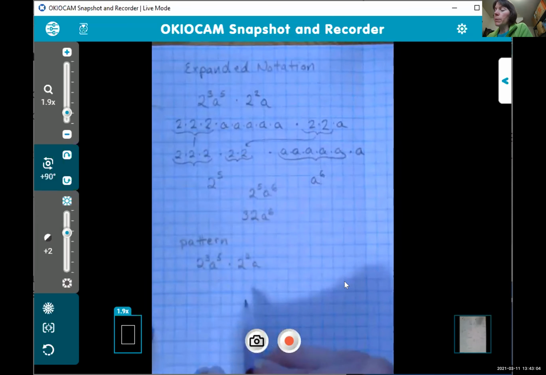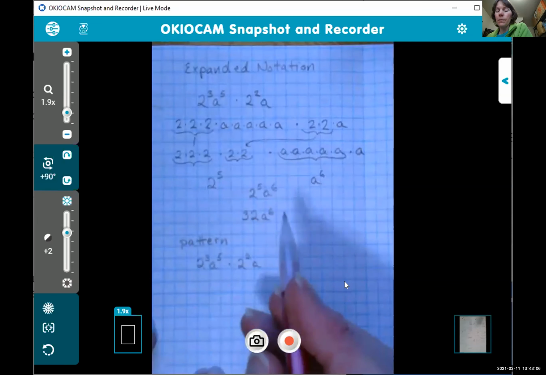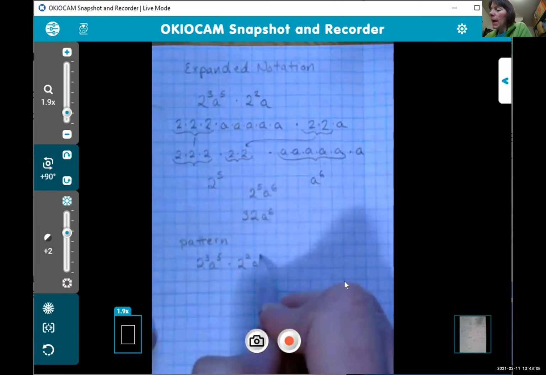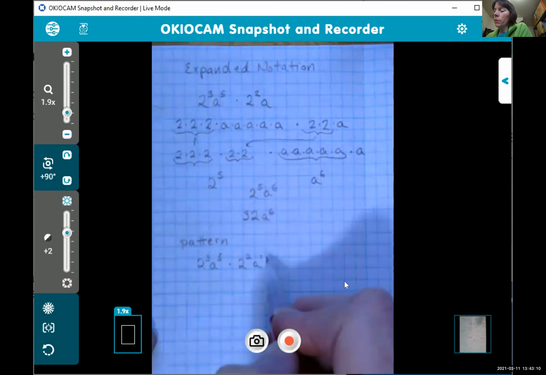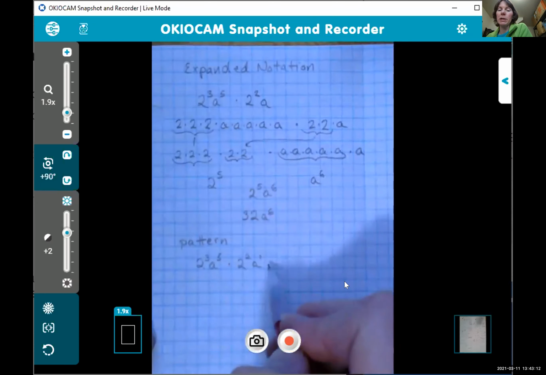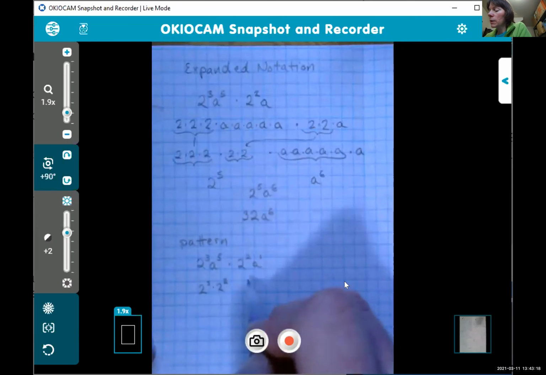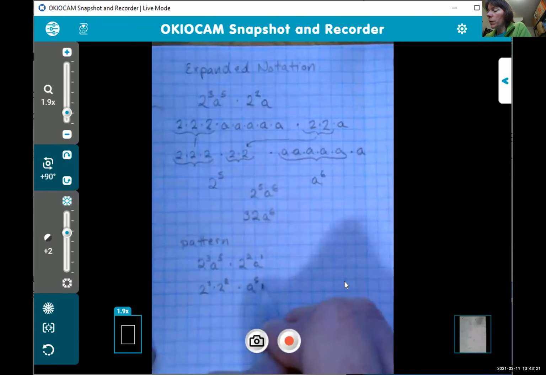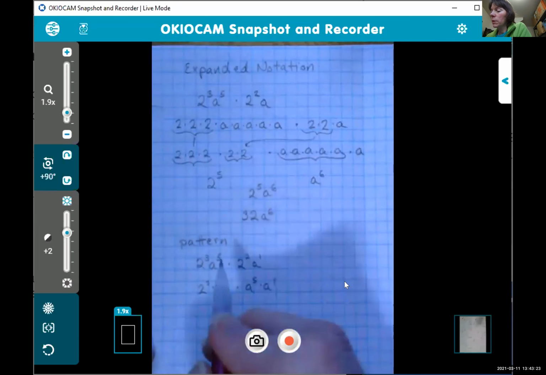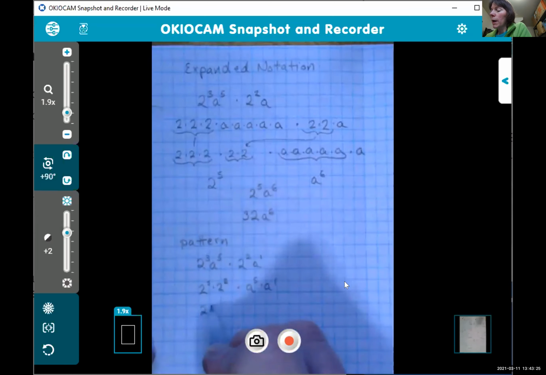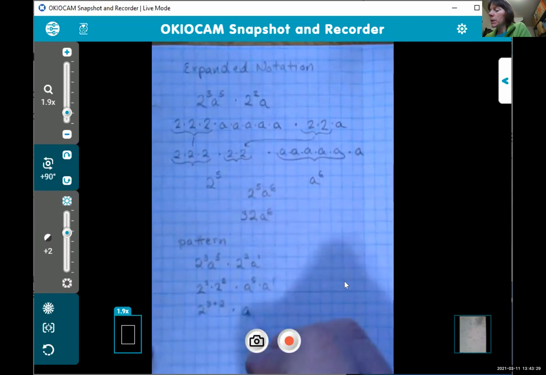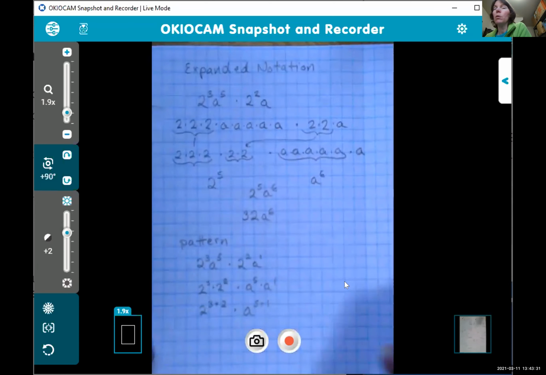So don't feel like you're limited to one or the other. And I'm going to add that exponent of 1 here, right? So that it's a little more explicit that it exists. And now we get 2 to the third times 2 to the second times a to the fifth times a to the first, which you can rewrite 2 to the 3 plus 2 times a to the 5 plus 1.